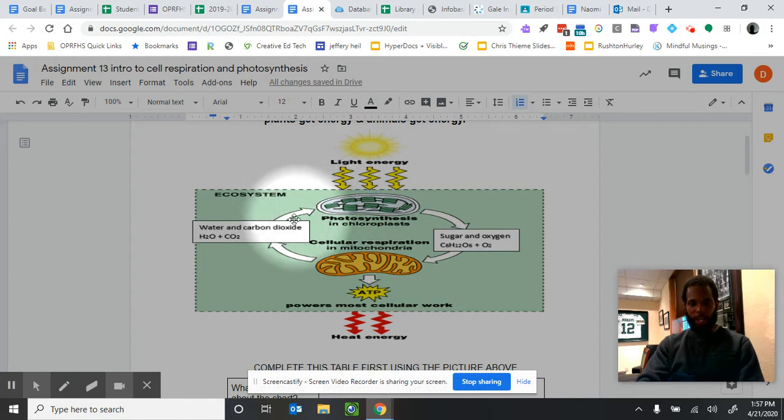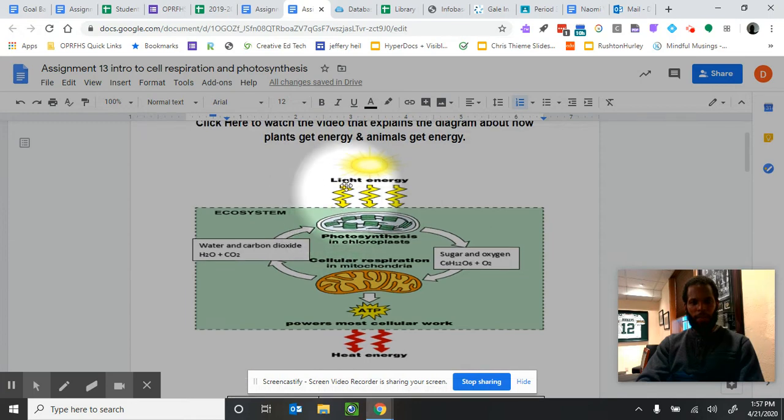I see an arrow pointing in here. I see water, H2O, and carbon dioxide, which is the gas we breathe out. These are going into photosynthesis. These are 2 things that photosynthesis needs. Now, what's the third thing? If I look up here, I see light coming in. So the 3 things that we need are water, carbon dioxide, and light to complete photosynthesis.